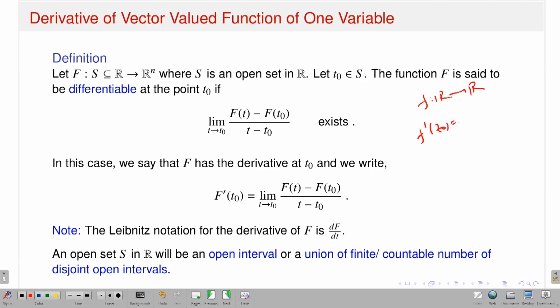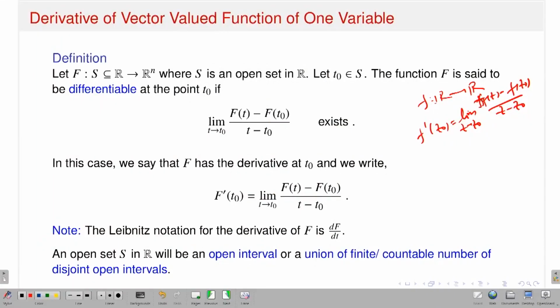What is my definition? It is the limit as t approaches t naught of (f(t) minus f(t naught)) divided by (t minus t naught). That we know, right. Now, you see that similar definitions I can give, because in this case, for functions from R to R, f(t) is a real number, and f(t naught) is a real number.